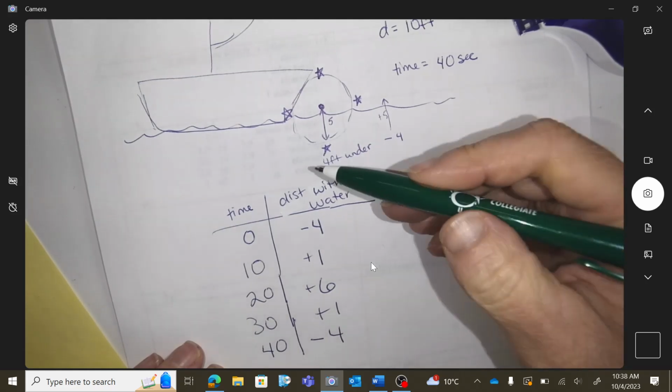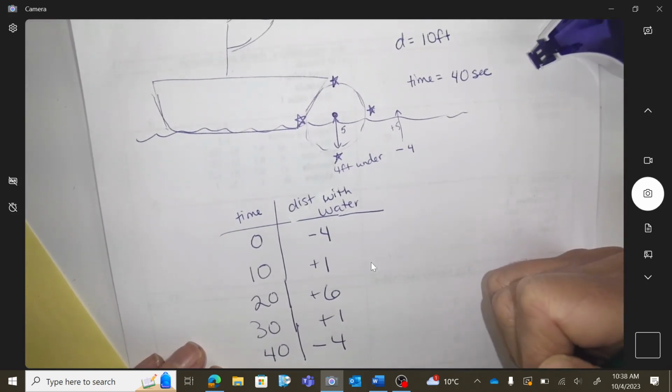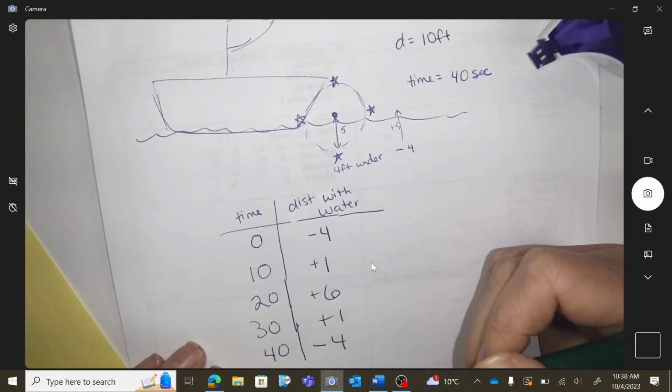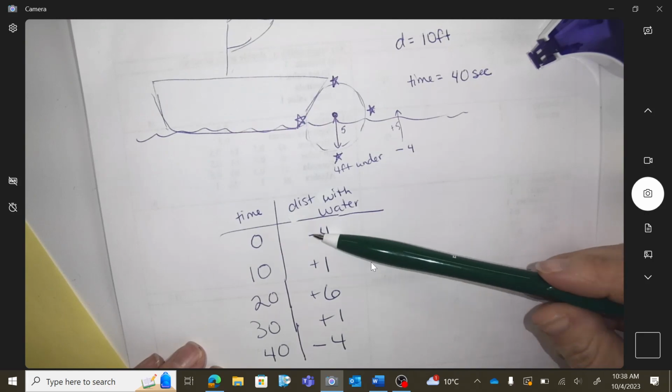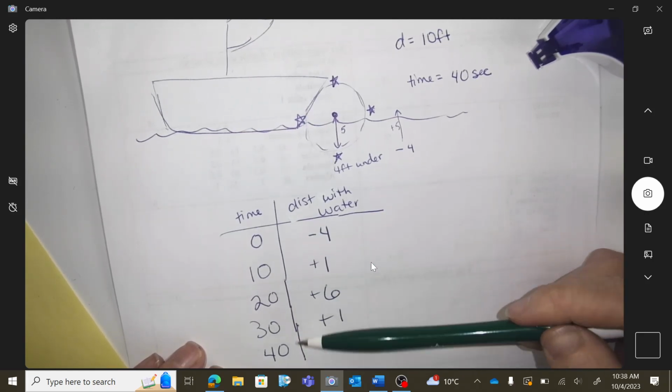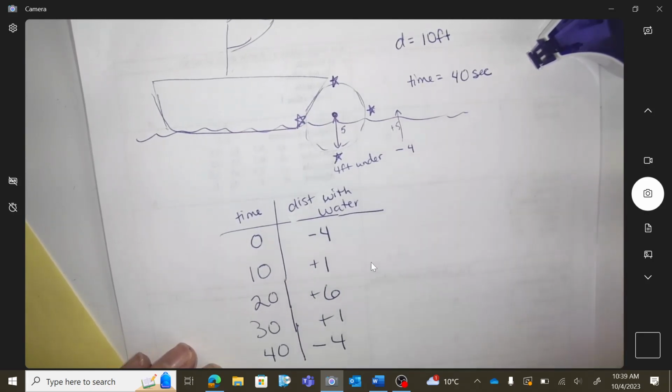Would you agree I've now mapped out 1 complete cycle? You're going to have to be able to do questions like that, where you get me the time intervals and all those breakdowns.